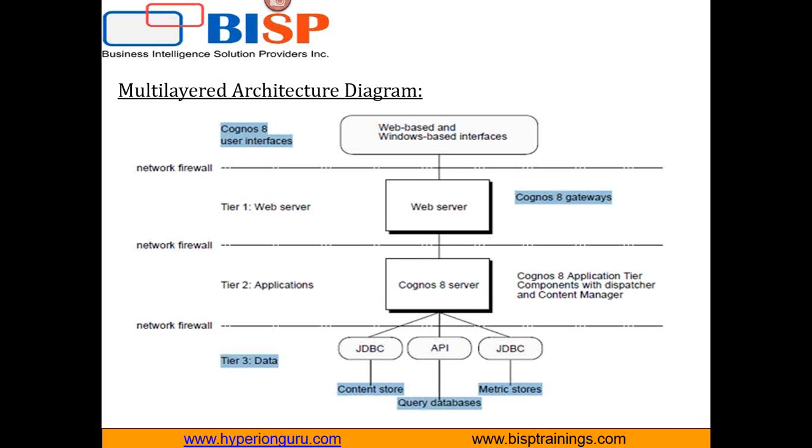Then the dispatcher routes the request to the next level of the architecture, tier 3, the data tier, where all the databases reside. For example, we might have Oracle, DB2, Teradata, or anything. All these databases reside at tier 3.